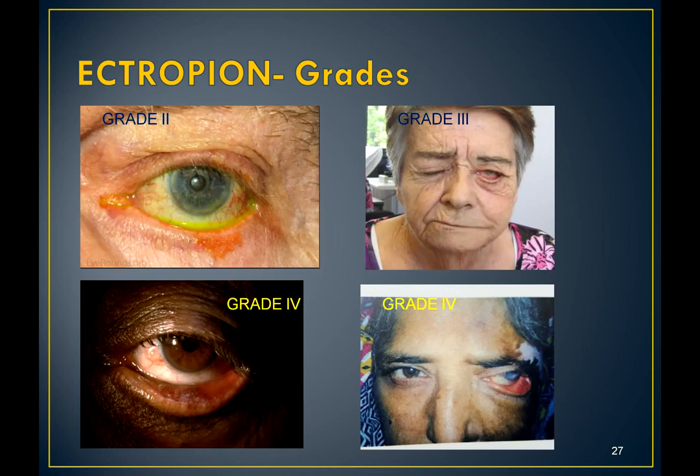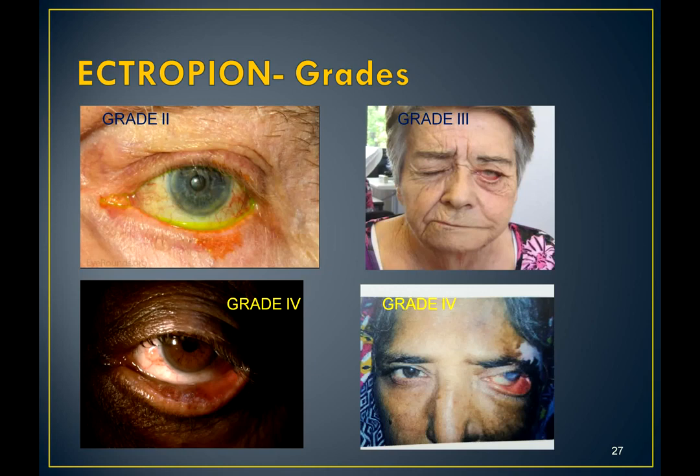Go to slide number 27. Now see, upper left is simple grade 2 ectropion, that is scleral show. Grade 3, upper right, scleral show as well as eversion of the punctum. Stage 4, the lower two pictures are stage 4, in which you see regular eversion of the lid as well as changes in the palpebral conjunctiva.